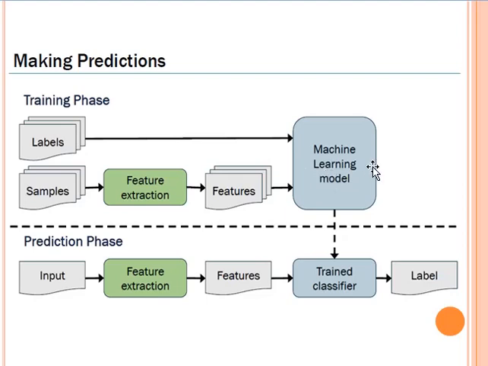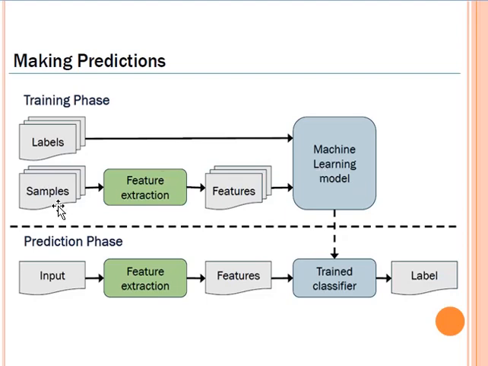The machine learning model will go through each training sample and all those features in an iterative way, and, for example if it's a neural network, it will be adjusting its weights, right? Adjustment of weights is the main goal in a neural network, because the final classification is based on the values of the weights.